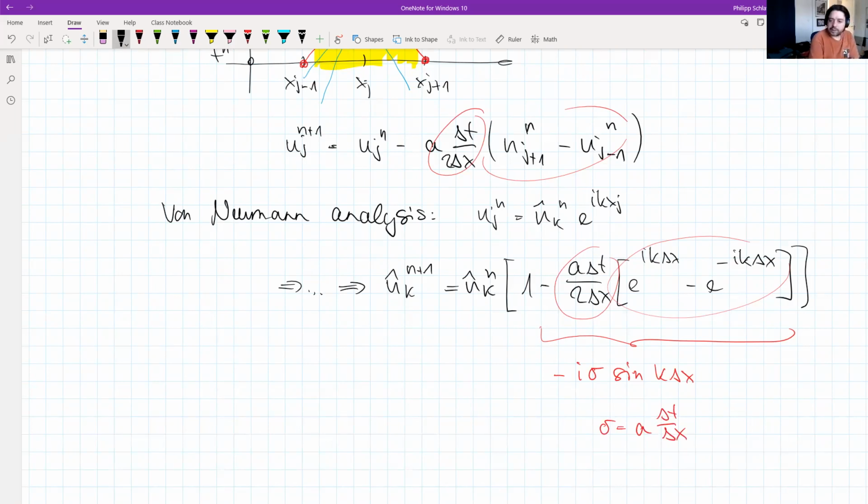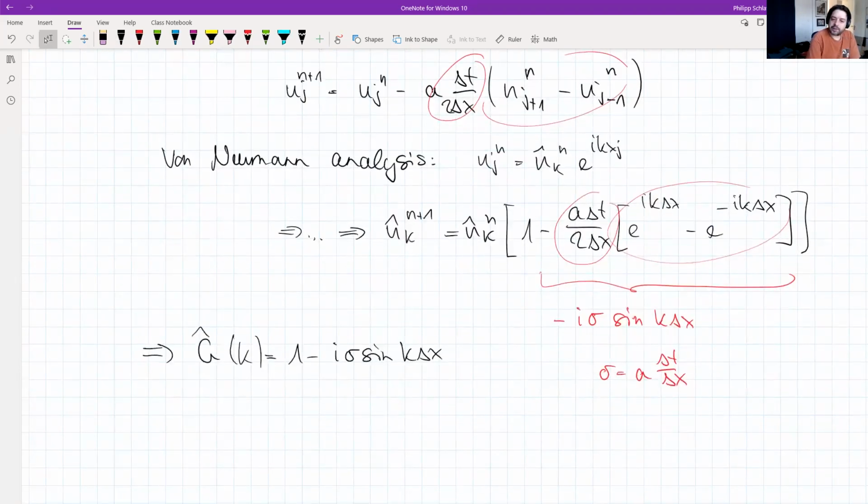With all these abbreviations, our g hat of k is 1 minus I sigma sine of k delta x. That is our complex amplification factor.